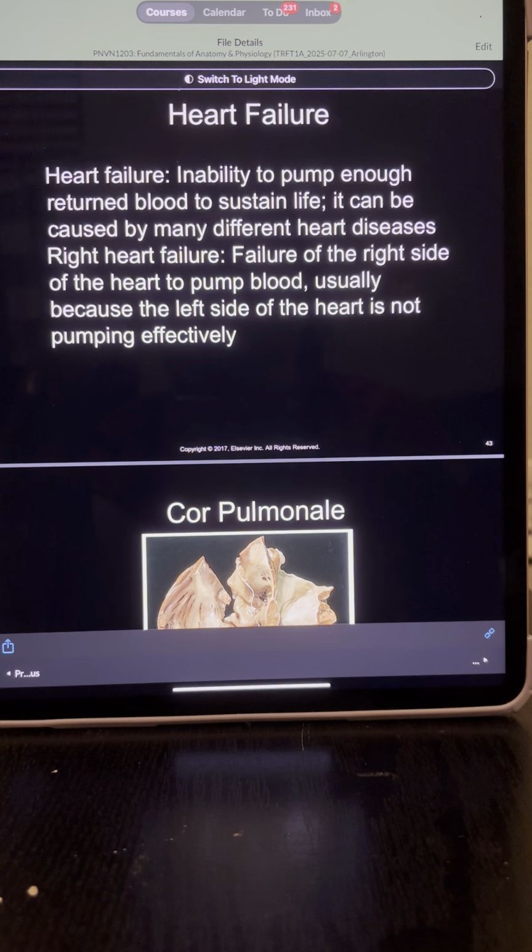Your cardiac output is the amount of blood that it is pumping each minute. So all the heartbeats put together, all the blood that is pushed out of the ventricle for the whole minute, will be your cardiac output.